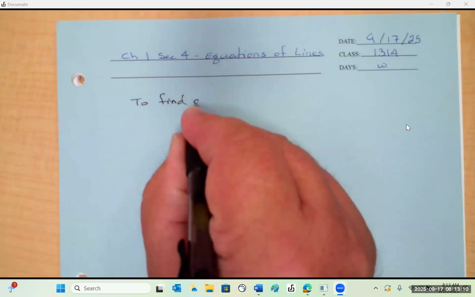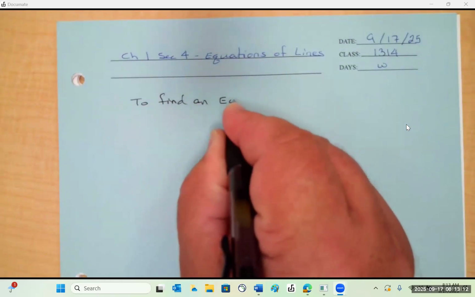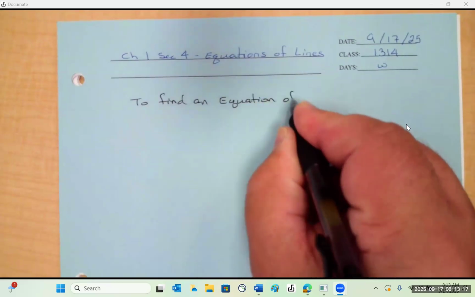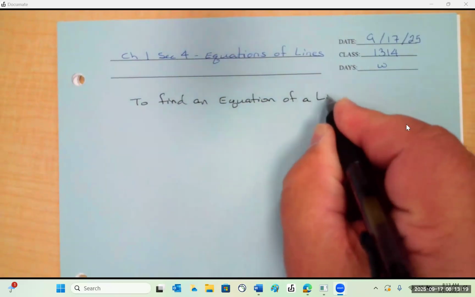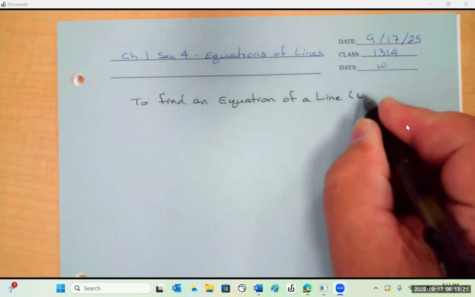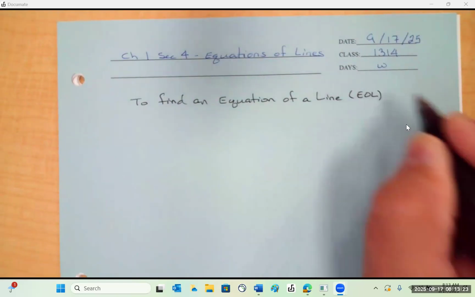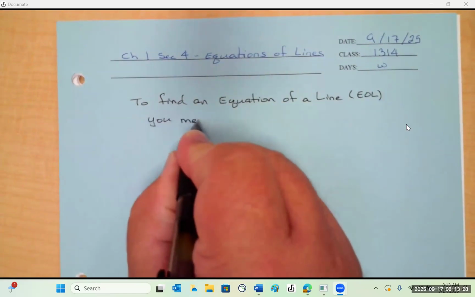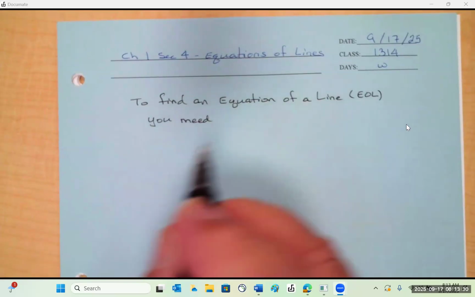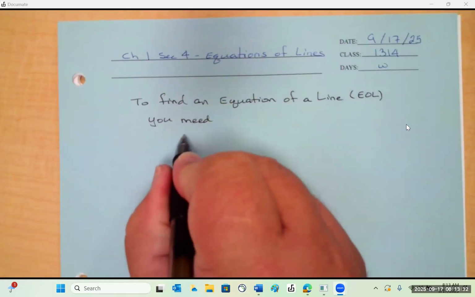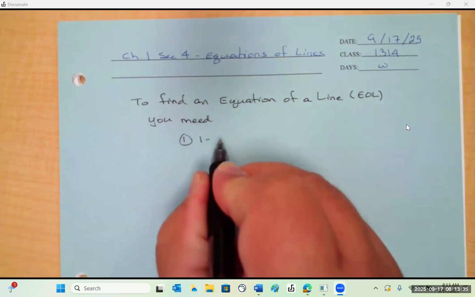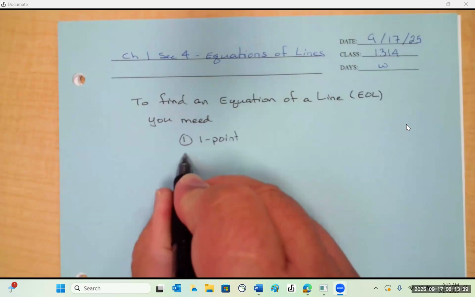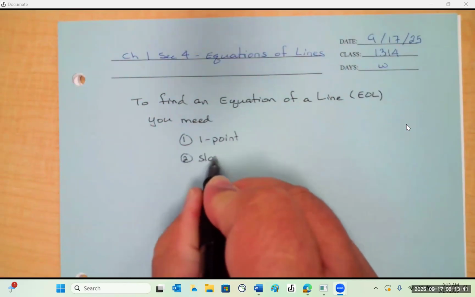To find an equation of a line, from now on, I'm simply going to call that EOL. You need one point and a slope.